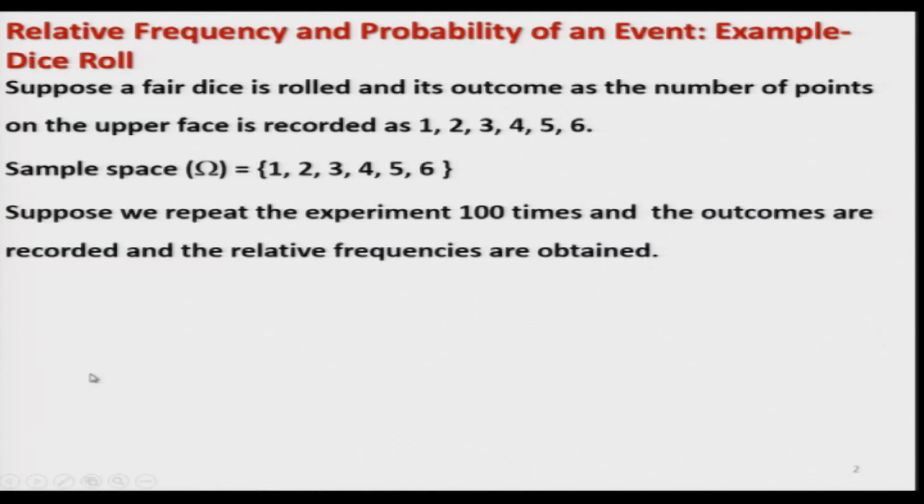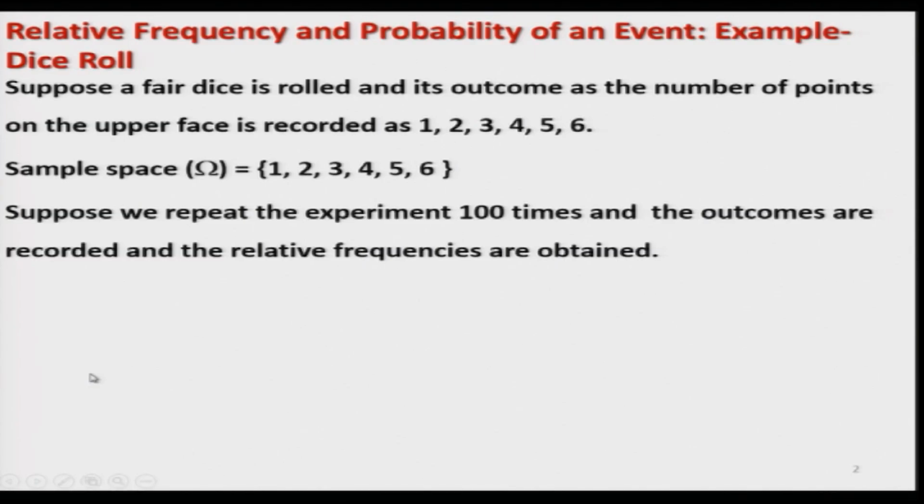We know from the theory that the probability of observing 1, 2, 3, 4, 5 or 6 in a roll of a die is just 1/6. But I will show you how this 1/6 comes into the picture. So let us begin our lecture, and I will show you on the R console, on the R software also.